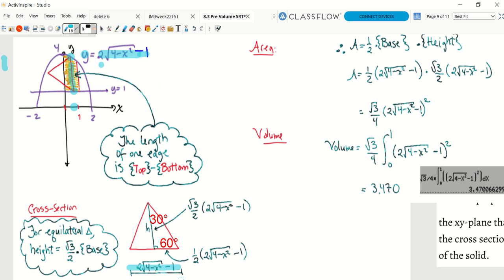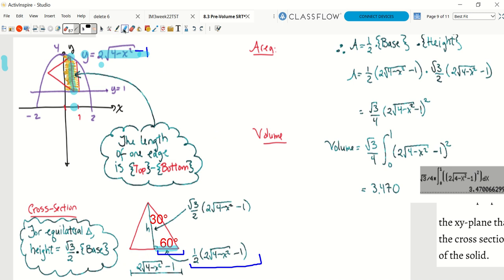Does that make sense? But we're interested in the half of that, so we're literally going to put a half in front of this. And that's how I got that for this half. Does that make sense?